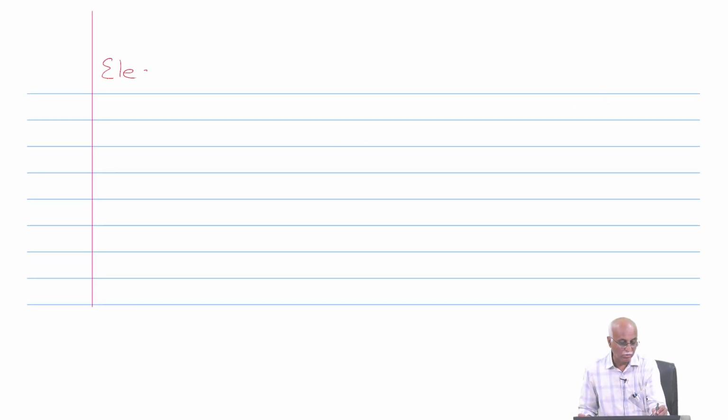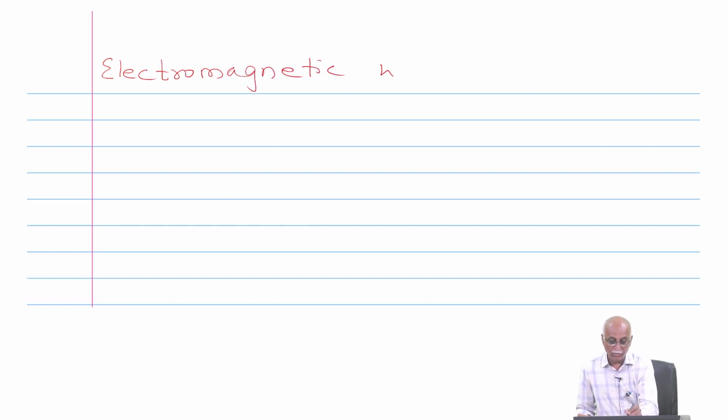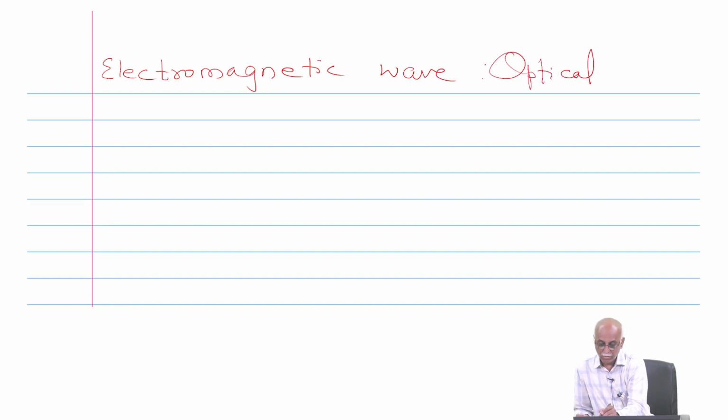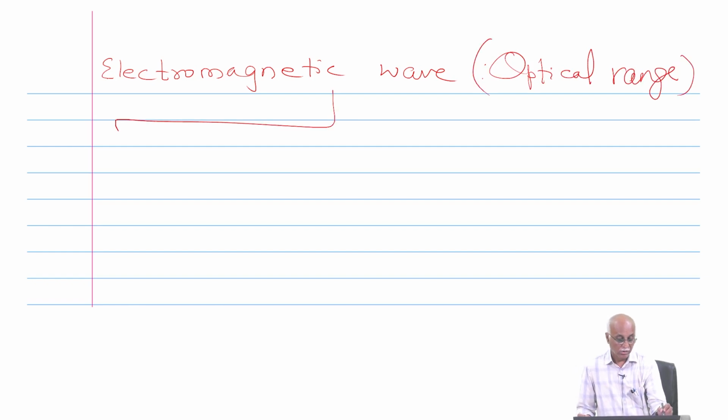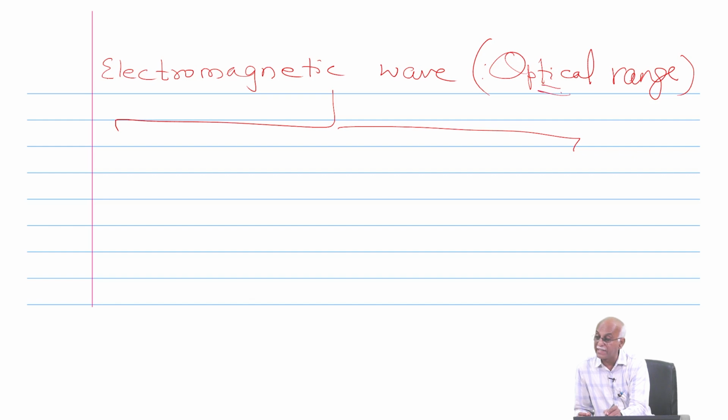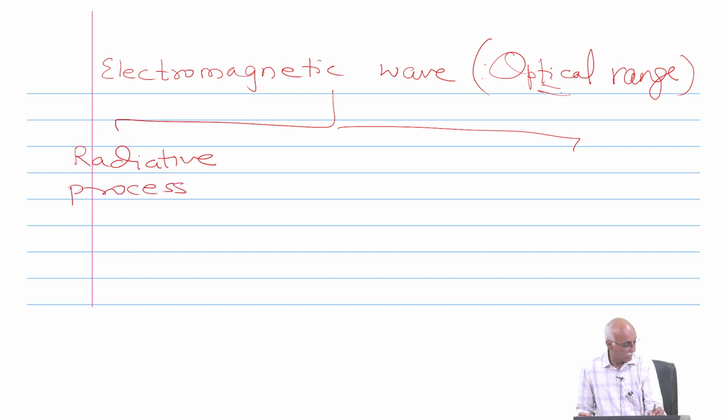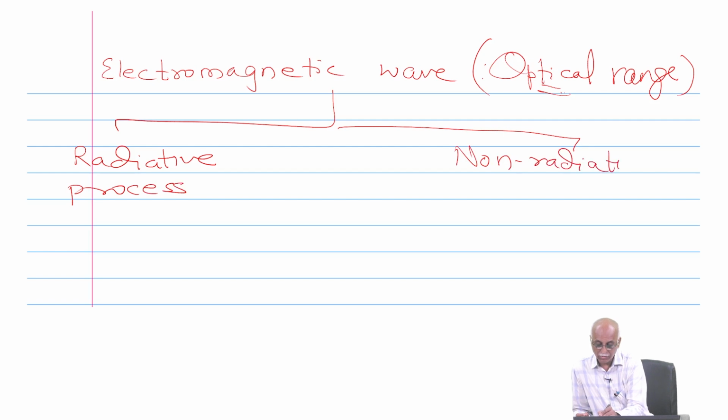Basically we use electromagnetic waves, of course in the optical range. There are two important things. Either the interaction of this light source results in a radiative process or a non-radiative process.